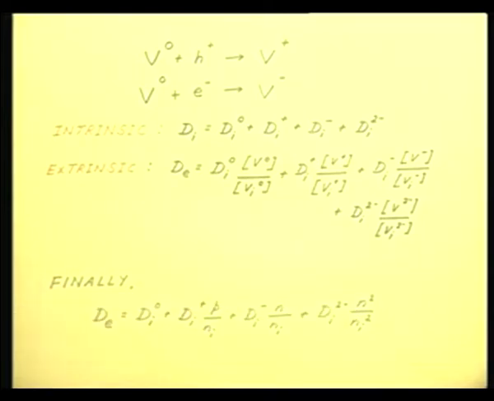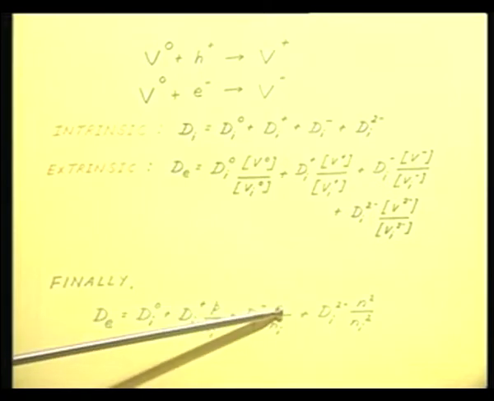So, for a general case, what do you see? You see that the extrinsic effective diffusion coefficient contains a number of terms, and depending on which term is going to dominate, we have either d equal to constant, the first term which is not dependent on the concentration, or d is proportional to the concentration depending on whether you have an acceptor like impurity or a donor like impurity.